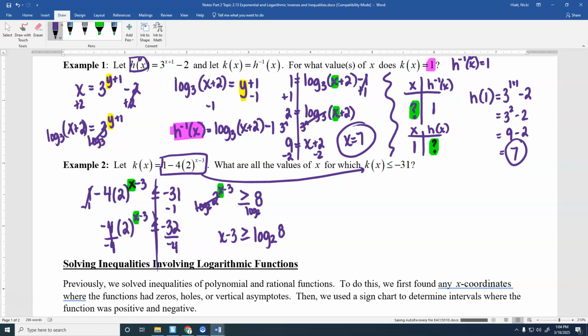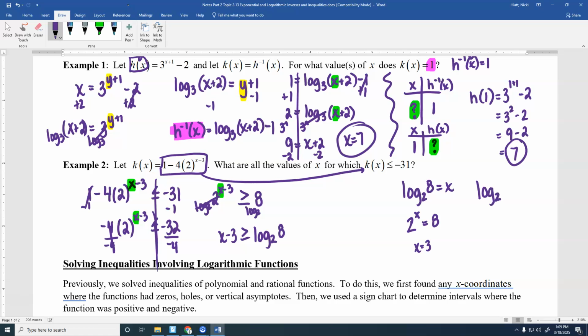Good. So there's a couple ways to think about that. You can think like, let's say that equals x, right? 2 to the x equals 8. You're thinking 2 to what power equals 8, and the answer for that would be 3. Or you can think of doing it this way.